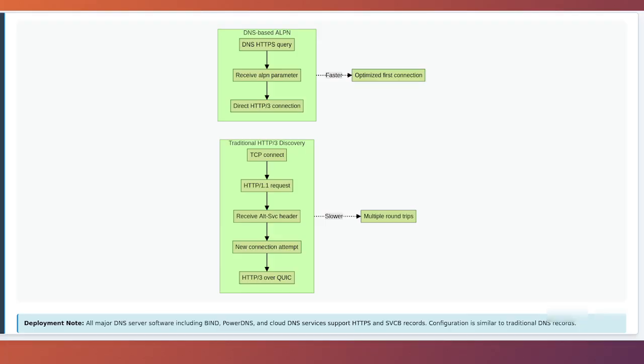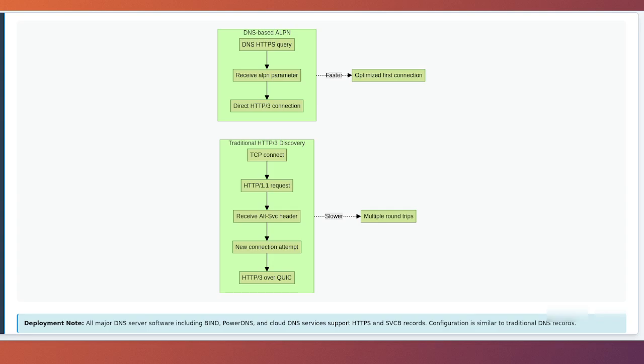From a deployment perspective, DNS-based ALPN is seeing increasing adoption, particularly among large content delivery networks and cloud providers. Cloudflare was one of the early adopters and uses HTTPS records extensively to advertise HTTP/3 support across their network.